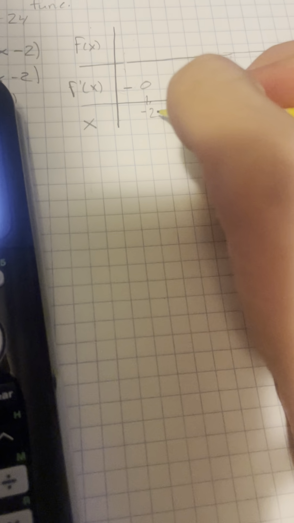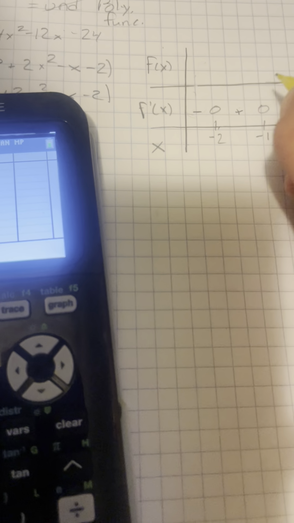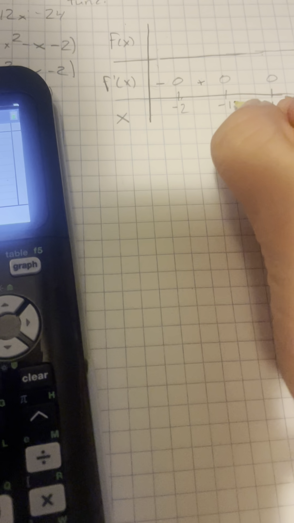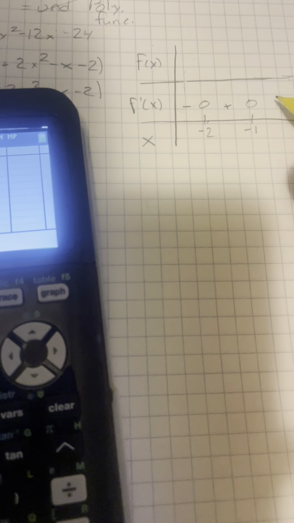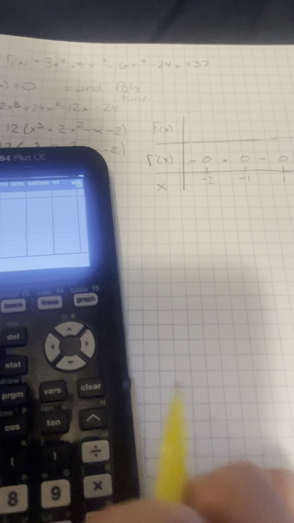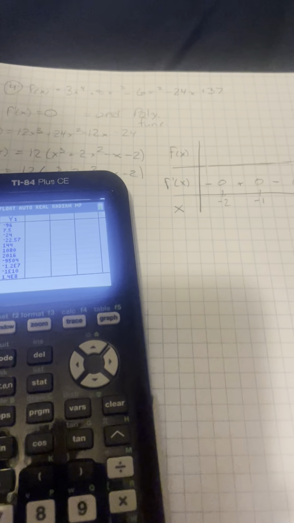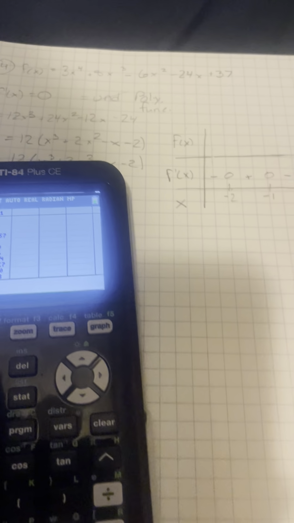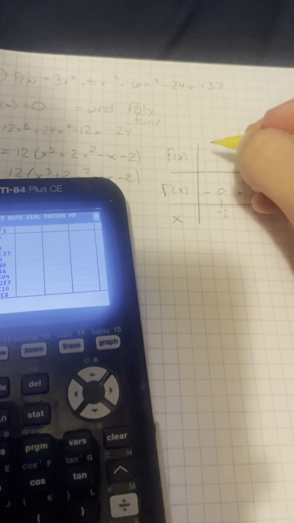In between minus 2 and minus 1, it's positive 7.5. In between minus 1 and 1, we plug in 0, it's negative there. And I forgot to do it above 1, so we can do 2 because that's more than 1. And that's positive 144, so that's positive.